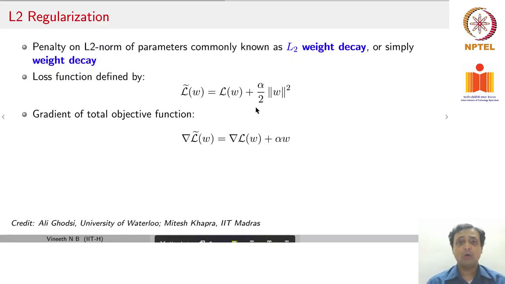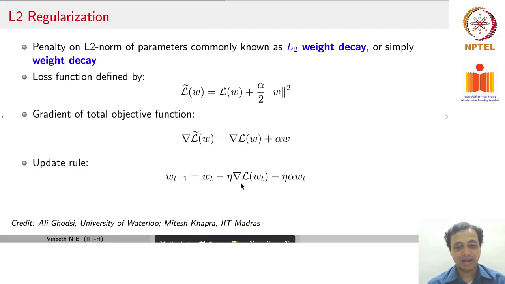So the gradient now of the total objective function will look like grad of L tilde of W. L tilde is the new objective function with the L2 weight decay term, which is equal to grad of L of W, which was your original loss function, plus alpha times W. When you differentiate this with respect to W, 2 and 2 get cancelled and you're left with alpha W. So your gradient descent update rule is going to look like W t plus 1 is equal to W t minus eta, the step length, times grad of L at W t, minus eta times alpha W t.